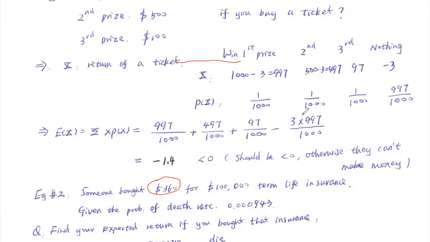I'm adding those 997 together and then subtracting negative 3 times 997 over 1,000, and I'm coming up with 4.58, not negative 1.4.